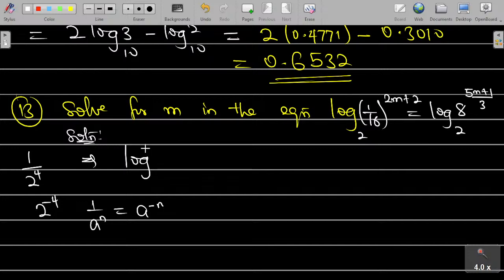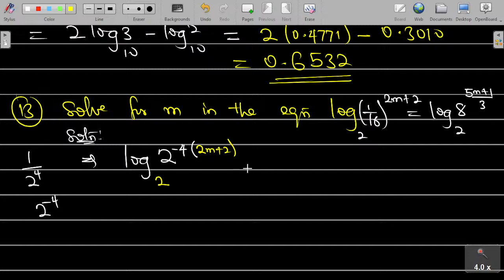So I'm going to apply that here. That gives me 2 to the power of minus 4, and that power will now multiply the existing power there, which is 2m plus 2. Remember, this is to the base of 2, so I can remove this.